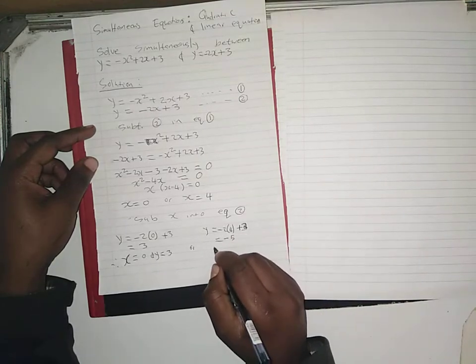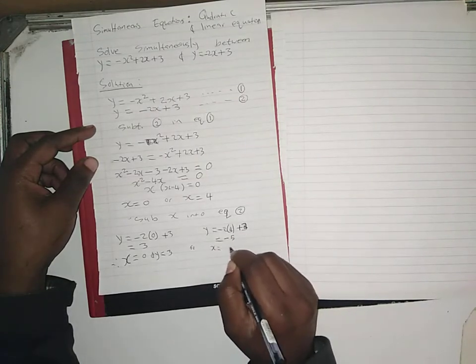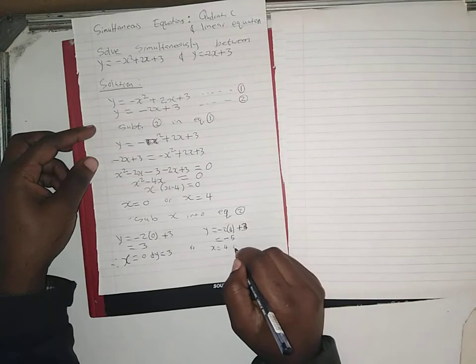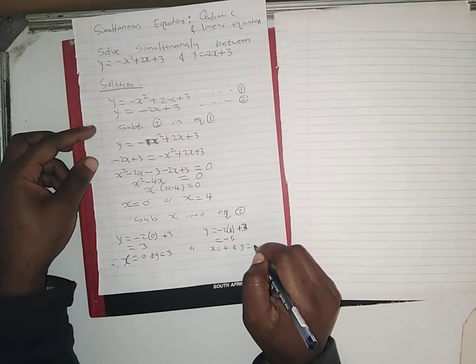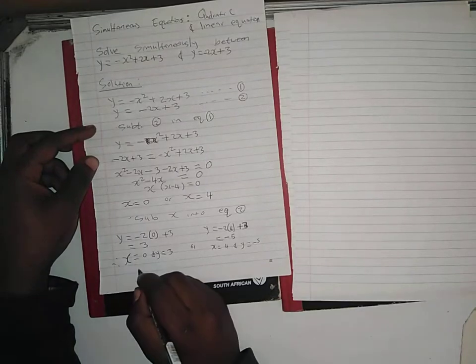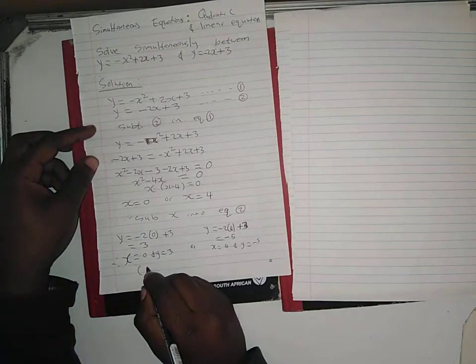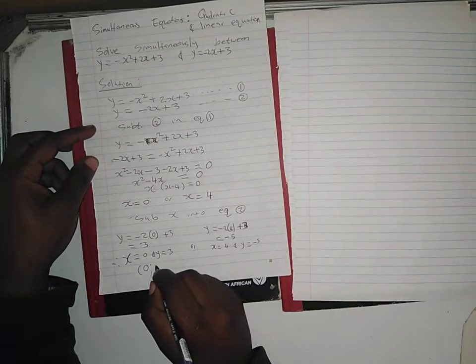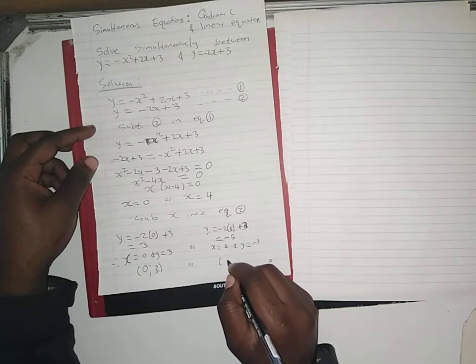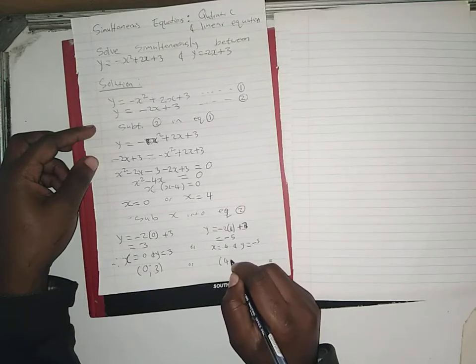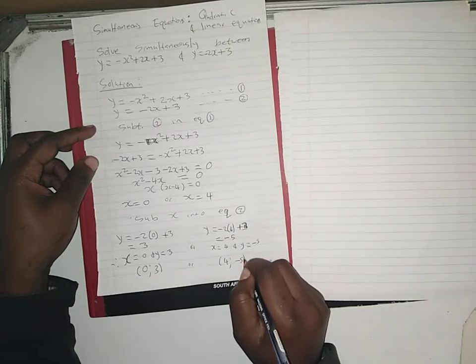Minus 5. So you've got x, which is equal to 4, and y, which is equal to minus 5. So you can actually express this as a point and say you've got a point where x is 0, and then y is 3, and then you've got x, which is 4, and then y, which is minus 5.